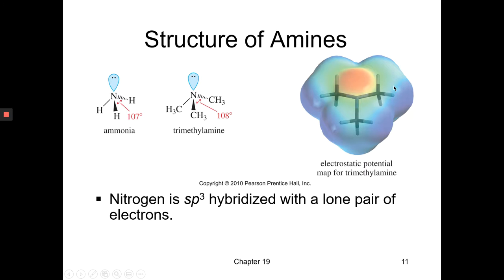You can see that the electron density is concentrated near the lone pair, whereas the methyl groups are electron deficient. The angle for many amines is typically less than 109.5 because the lone pair takes up a lot of space.